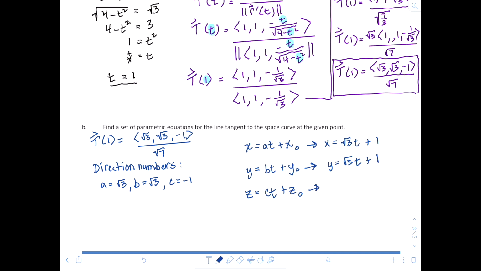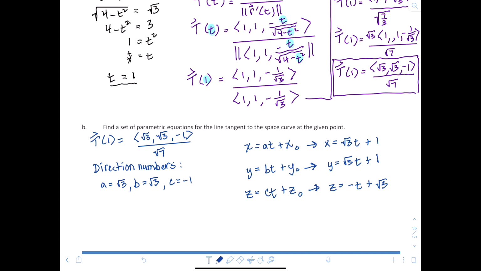And z is going to equal negative t plus root 3. Groovy? And that's not the only one you can get.